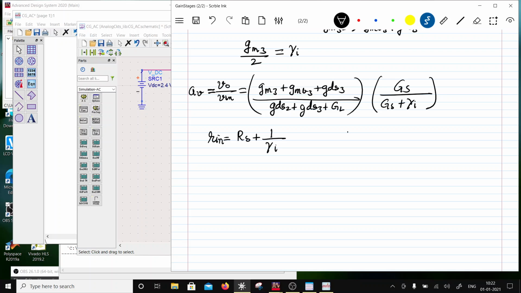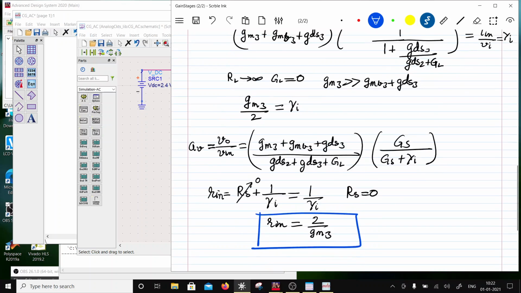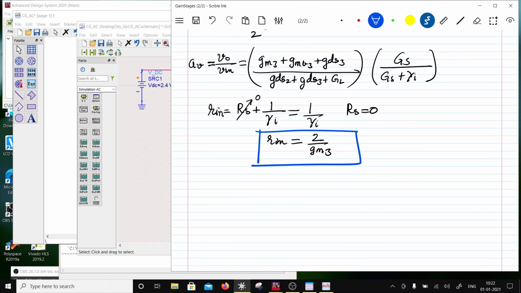So if I assume Rs equal to 0, then 1 over Yi simplifies to 2 over Gm3. Okay, so this is my input impedance. Now notice that the input impedance for common source is close to infinity.